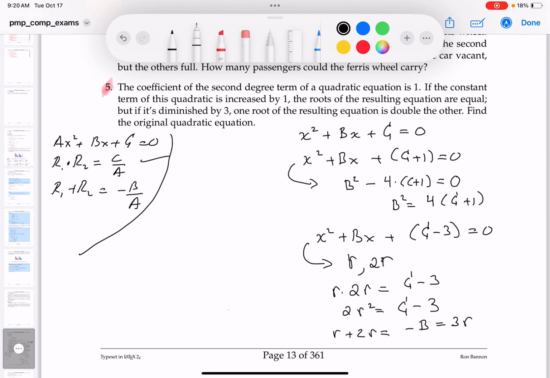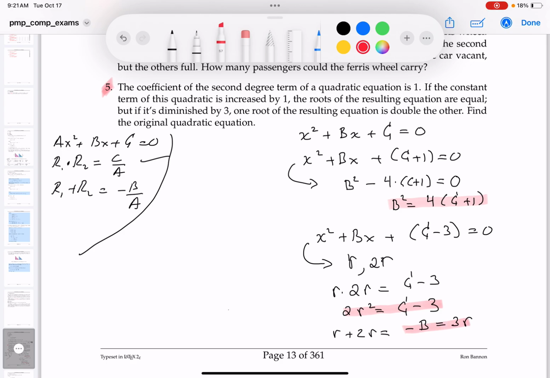Let's see what I can do about that. I want to outline what I'm seeing that might be helpful. The 2r squared is important to me, and the 3r, b and minus b are sort of important to me.